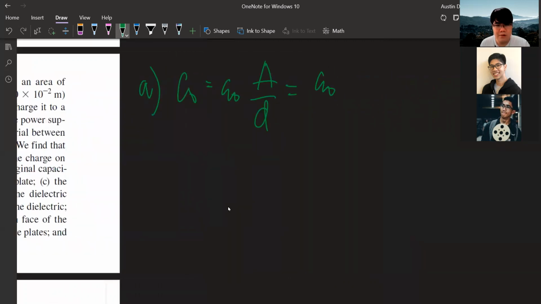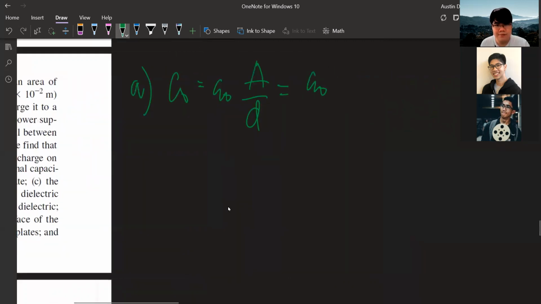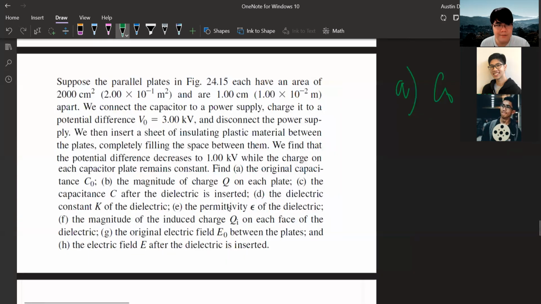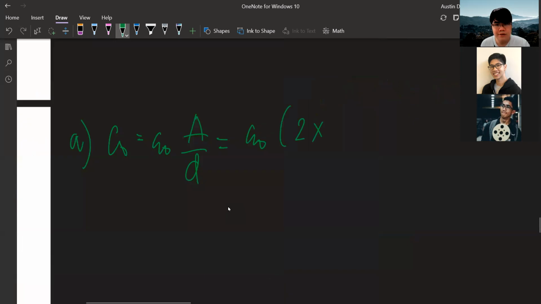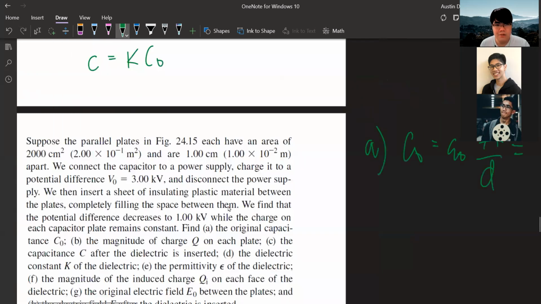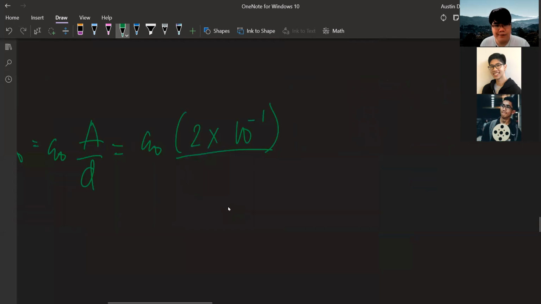So, A must be 2 times 10 to the negative 1. And this is 1 times 10 to the negative 2. Epsilon naught times 2 times 10.